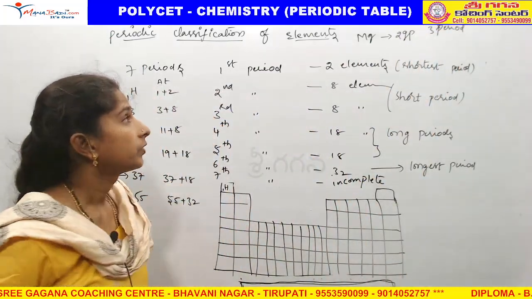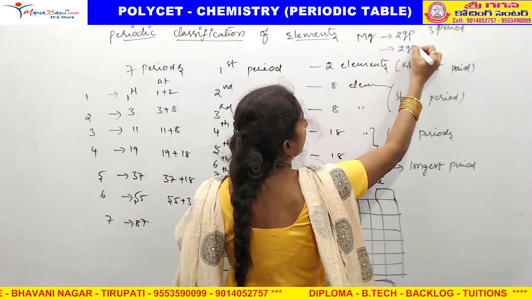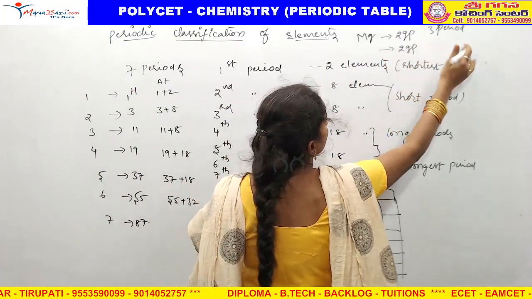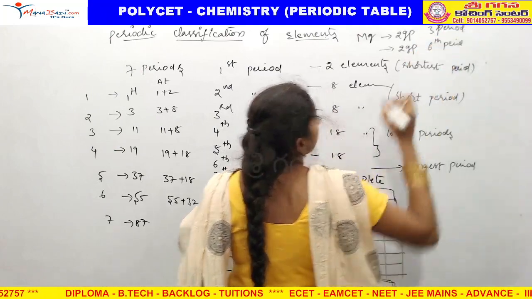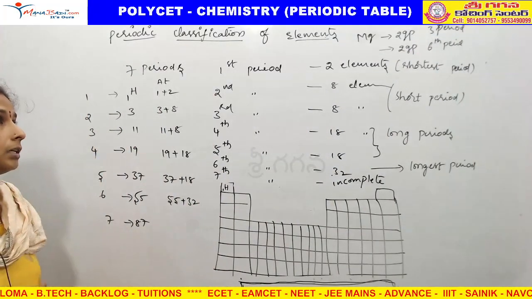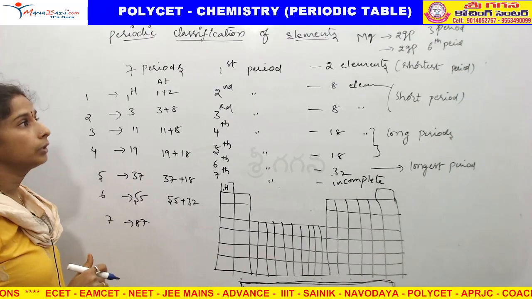What is the element of the second group and 6th period? They may ask the question like that. In the 6th period, how can you find out?